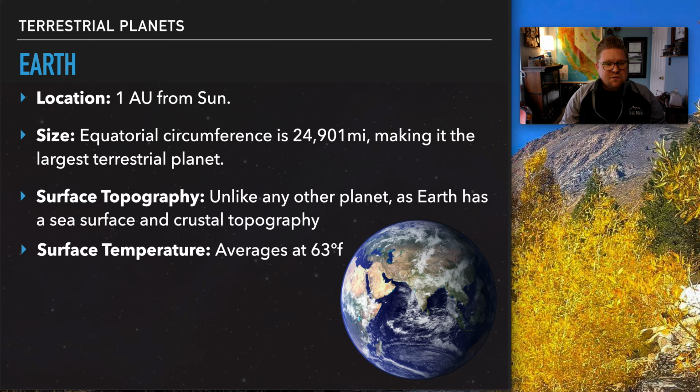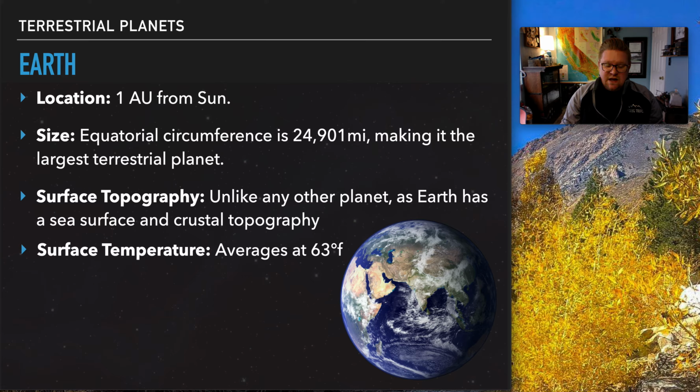Maybe one you've never seen before, Earth. We're 1 astronomical unit from the sun. The equatorial distance, so the distance around the Earth, is 24,901 miles, making it the largest of the terrestrial planets. The surface topography is unlike anything we've seen anywhere else. Why? Because we have oceans, sea surfaces, basaltic oceanic crust, and granitic continental crust.